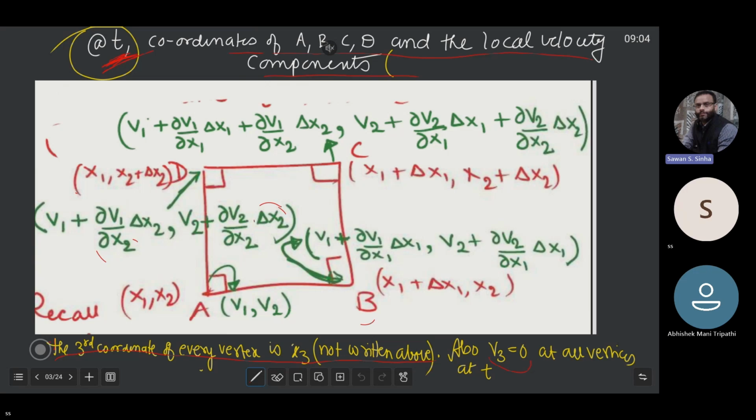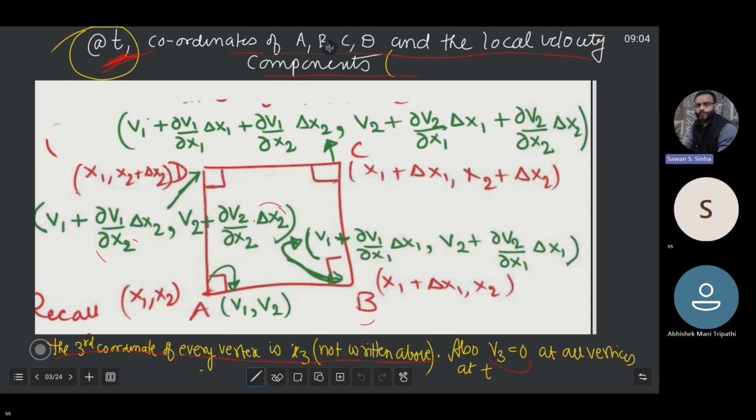The vertices of a fluid element are what? They are fluid particles. And how do we track them? We track them by looking at their velocities at time t and multiply that by delta t. That takes us to the new location. So this is the way I was tracking these fluid particles or the vertices of fluid element.